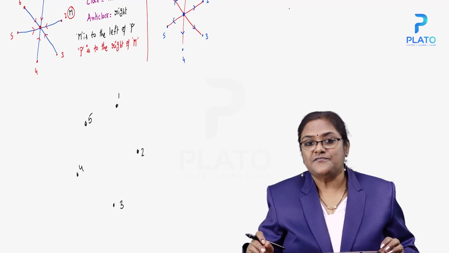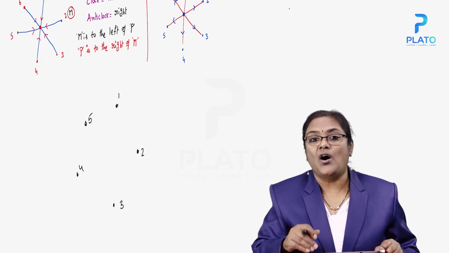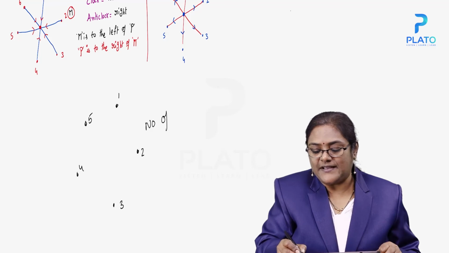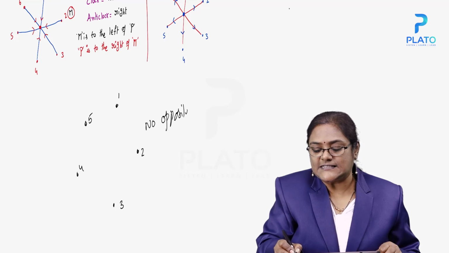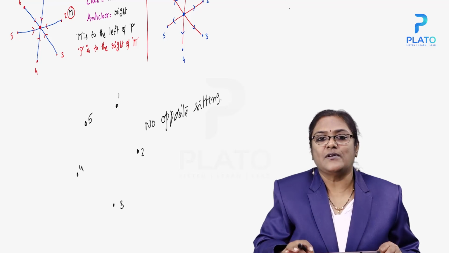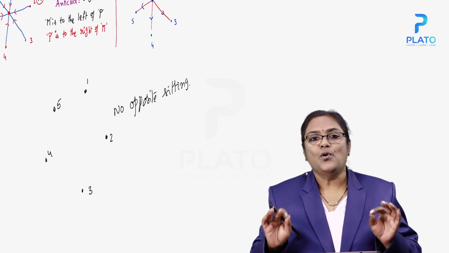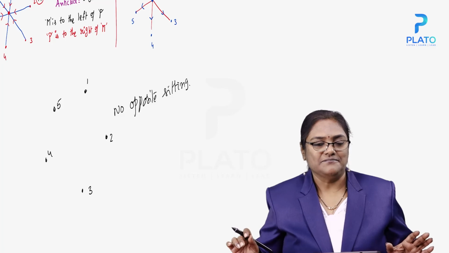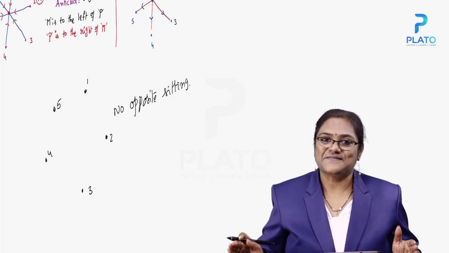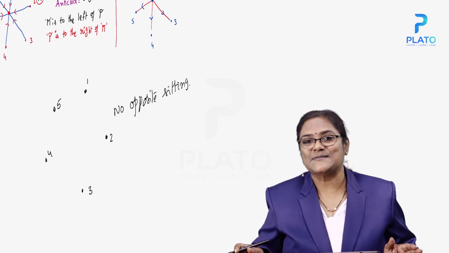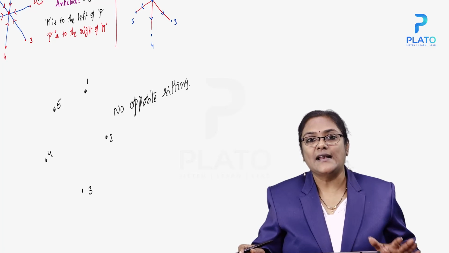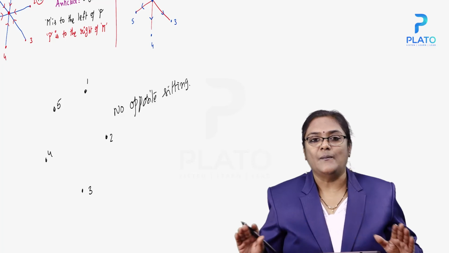Whenever there is an odd number, there will not be opposite pairs, no opposite sitting. Just keep this point in mind. No one is opposite to any other. There will be only two possibilities, either right or left. So when the number is odd, like 5 or 7 or 9, there will be no opposite person.